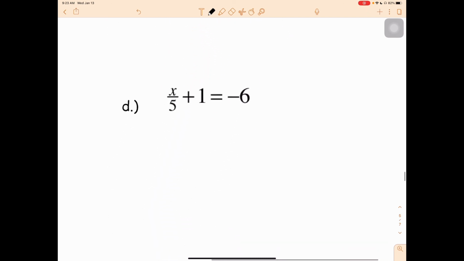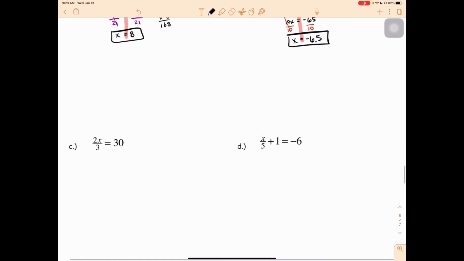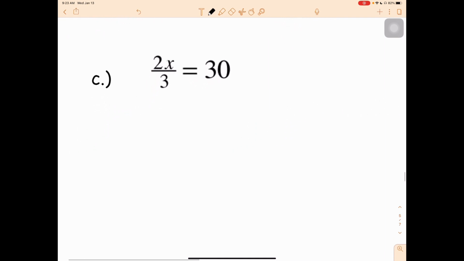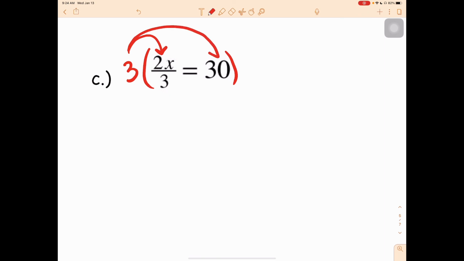All right, let's go and see what's next. Oh, did I miss? Oh, there it is. Okay, so here I have a division of something by 3. I don't like having a fraction like that. So what I'm going to do is multiply this whole equation by 3. Whenever I multiply by that, the 3's will cancel out, and I'll show you how that works.